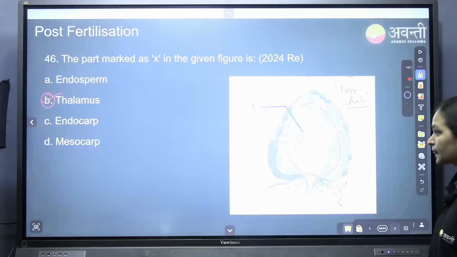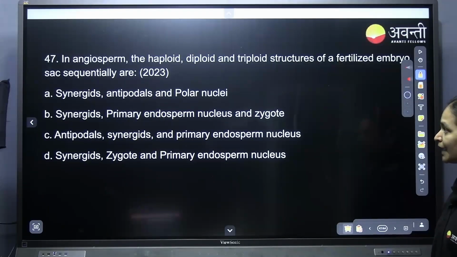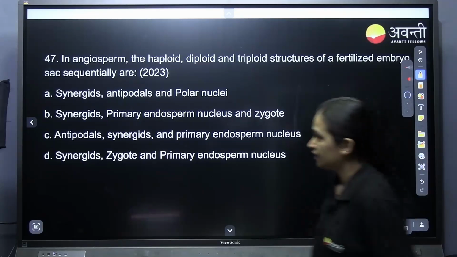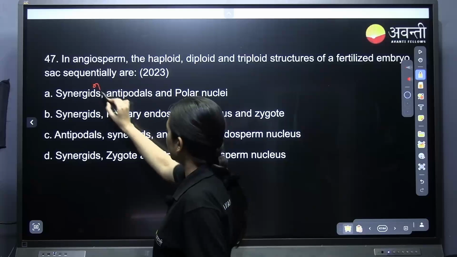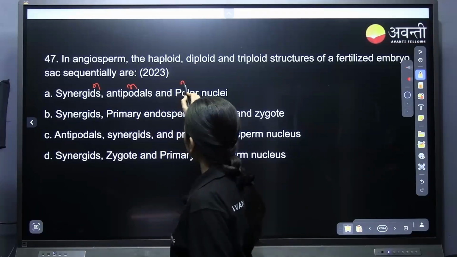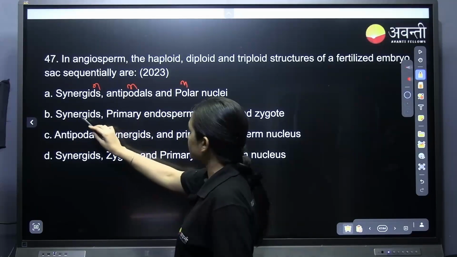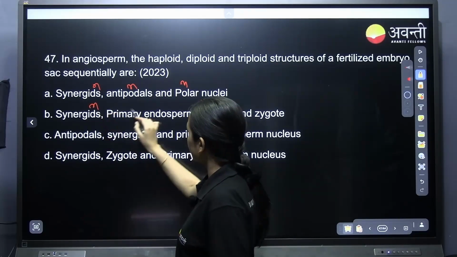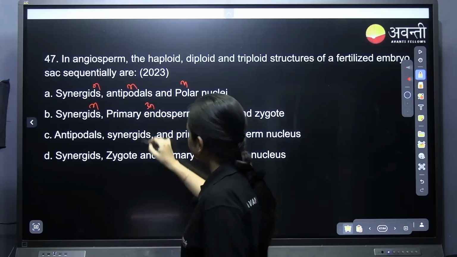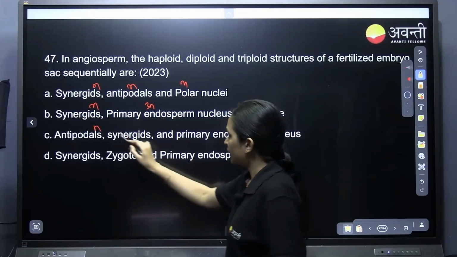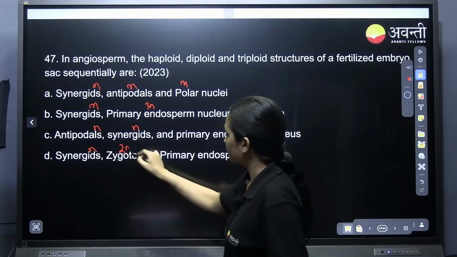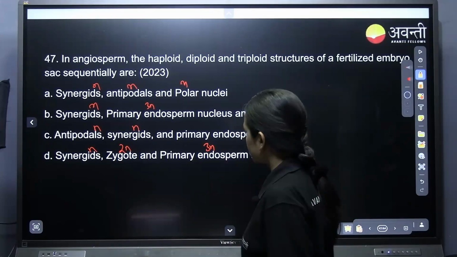Easy. In angiosperm, the haploid, diploid and triploid structure of fertilized embryo sacs sequentially are synergids, haploid, haploid, haploid, diploid and triploid.